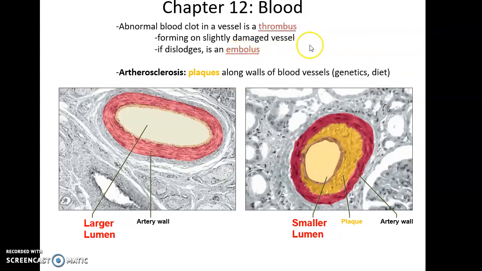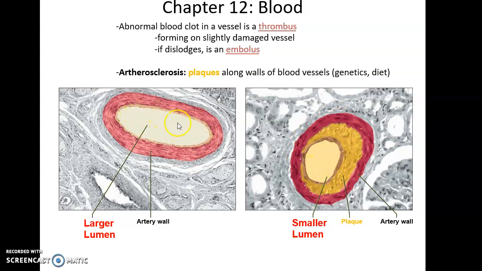Now, an embolus normally isn't a big deal, but some people have atherosclerosis. Atherosclerosis is when their blood vessels develop these fatty plaques on the inside.